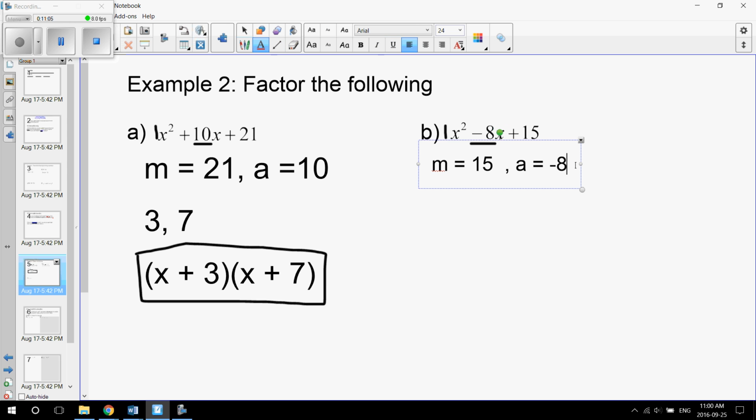So now we need to come up with two things that multiply to 15, but add to a -8. We know that at least one of our numbers is going to have to be negative because we have to add to a negative value. But for our multiply value to be positive, what needs to be true about both of those numbers?